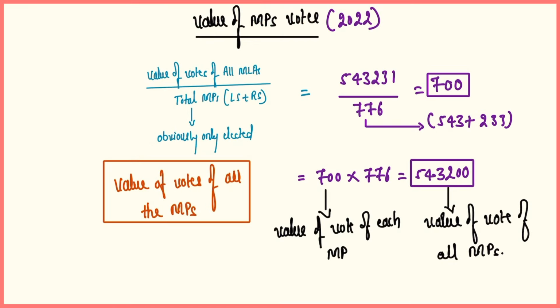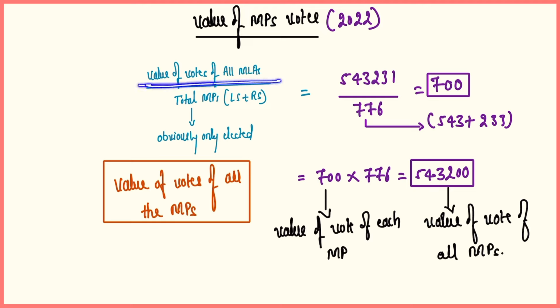Now again we will take the 2022 example. As I told you, the Constitution under Article 55 already gives the formula for calculating the value of the vote of MPs, right? Now, what is the formula? The formula is very simple. Value of votes of all MLAs. We just calculated the value of votes of all the MLAs and it came to be 5,43,231, right?